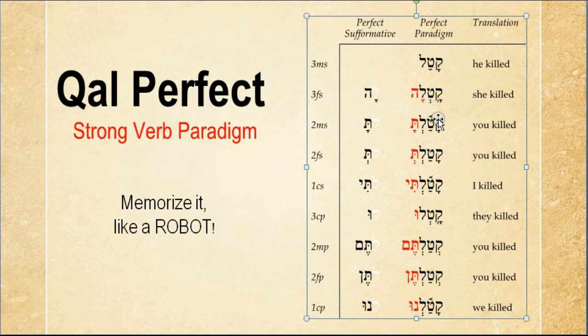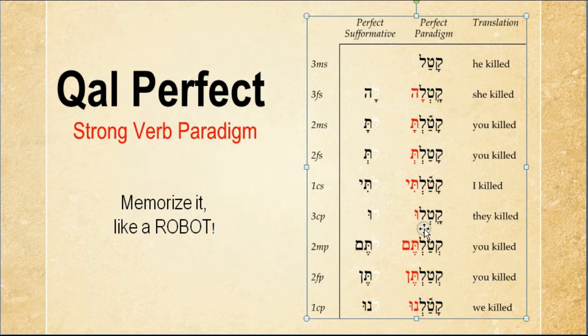And notice that the second consonant in the third feminine singular that we're looking at, the vowel underneath it has changed. It's not a patach anymore. It's now a shva. So please notice that this change occurs in the third person feminine singular, and this change also occurs in the third person common plural right here.